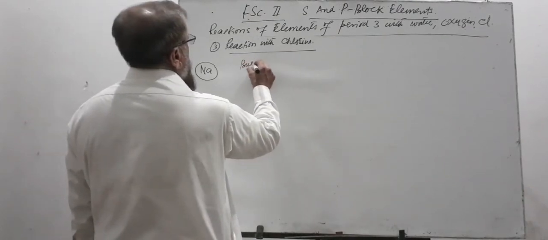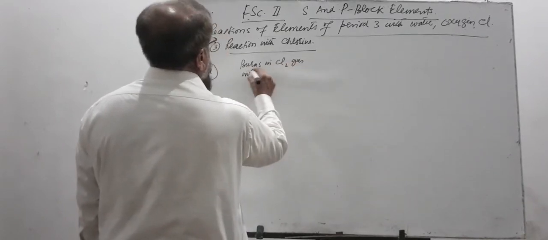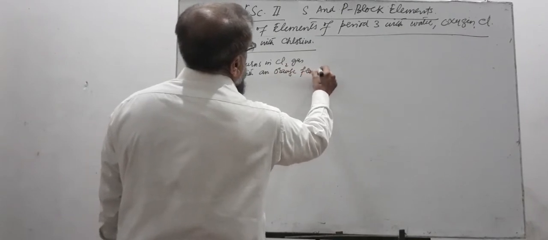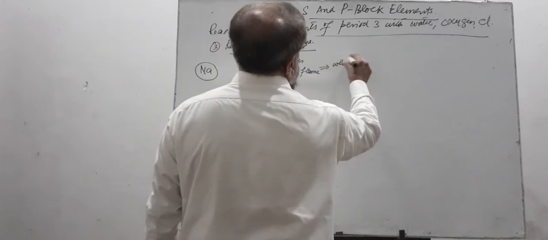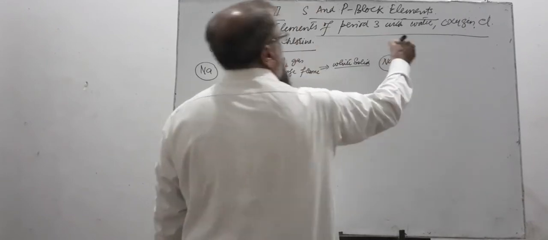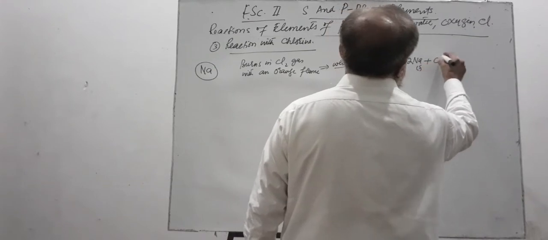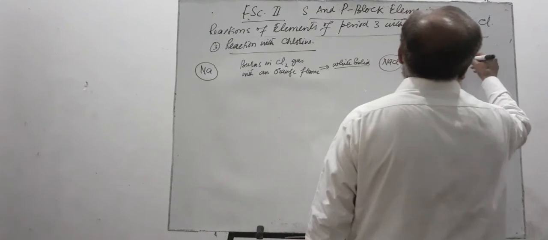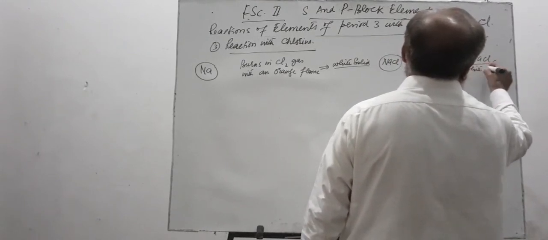It burns in chlorine gas with an orange flame to produce a white solid, the table salt sodium chloride. The reaction is 2Na solid plus Cl2 gas, heat or ignite, we get 2NaCl solid, which is a white solid.